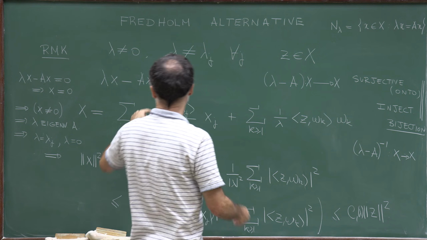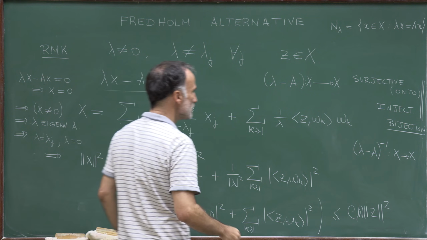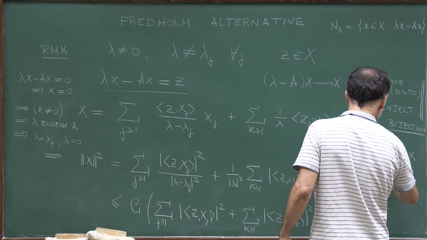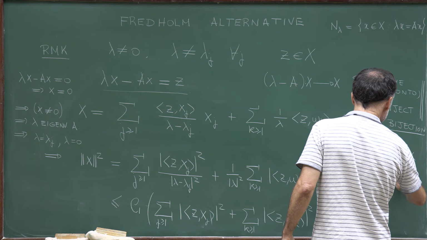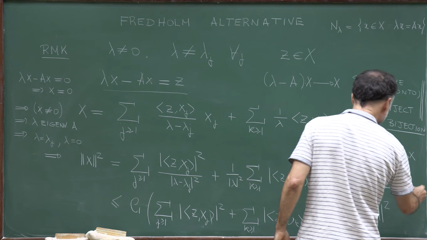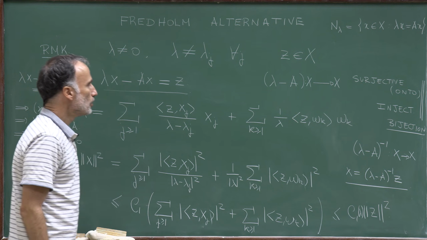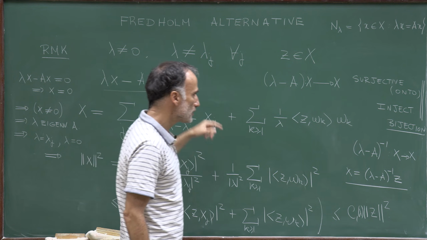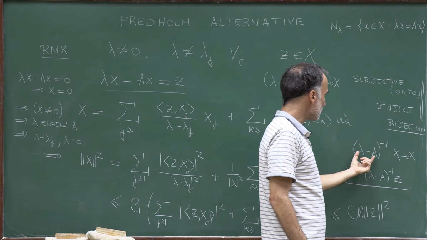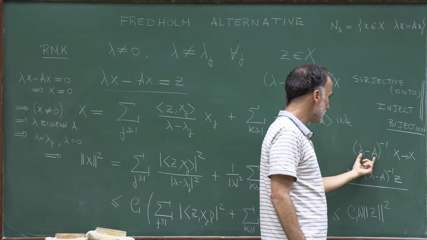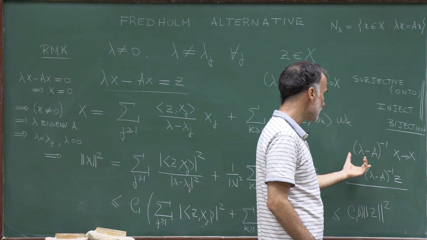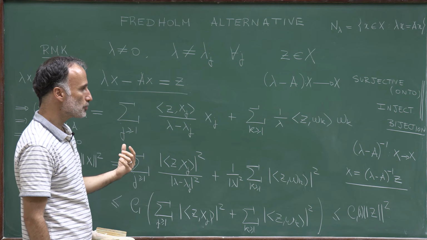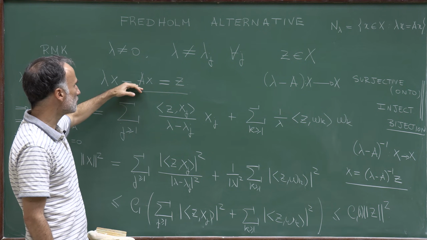So the solution of this equation is x equal (λ - A)^-1 z. So if λ is different from 0 and from all λ_j's, λ - A is a bijection, so I can define (λ - A)^-1, the inverse. And what I get is that this inverse operator gives me exactly the solution of this equation.